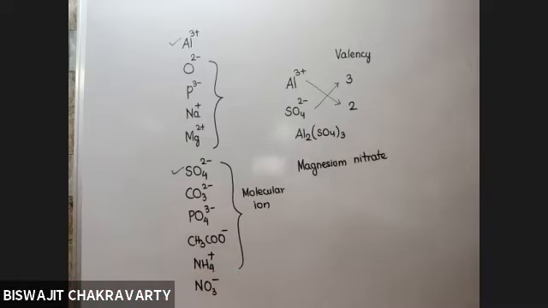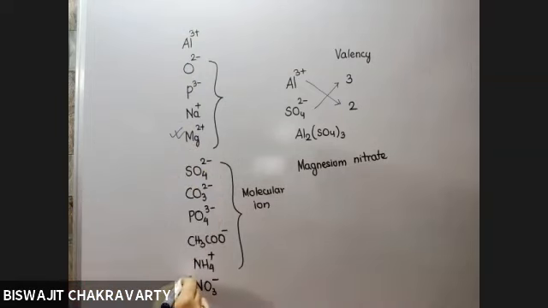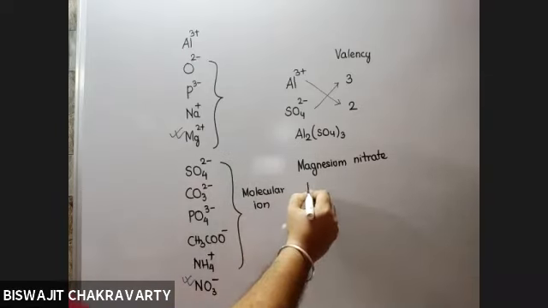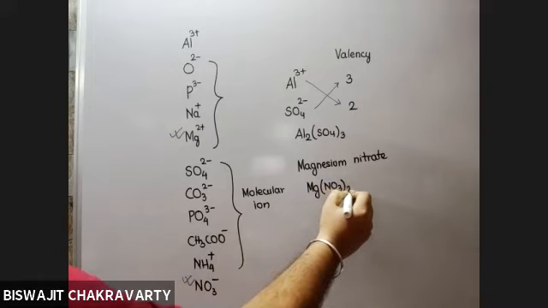That means you need to find the formula between magnesium 2 plus and NO3 minus. So what will be the formula? Mg(NO3)2. Are you getting Mg(NO3)2? Yes, sir.